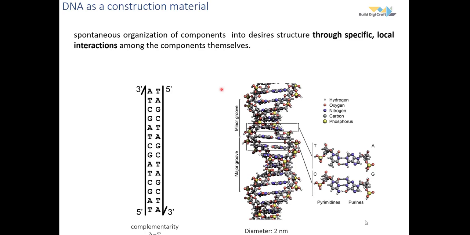That's why I brought this big text for the definition of self-assembly, because specific and local interactions are very important aspects. And with DNA, you can control and program those properties relatively easily.